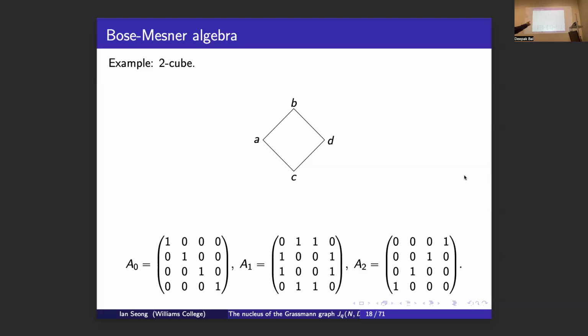A_1 is the regular adjacency matrix that we usually see of a graph. And then A_2 has entry 1 if the distance between two vertices is 2. For instance, you notice that A and D are at distance 2, so the AD entry gets 1. And B and C are also at distance 2, so the BC entry of A_2 gets 1, and so on and so forth. The matrix algebra generated by these three matrices is the Bose-Mesner algebra of a 2-cube.